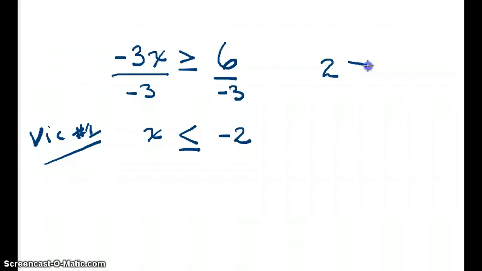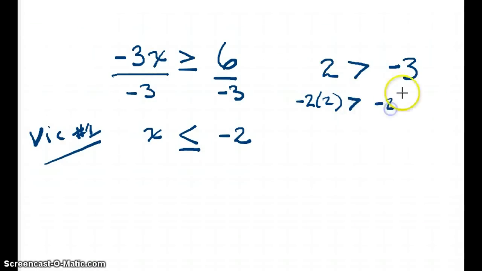2, I think you'd all agree, is greater than negative 3. Okay? I'd rather have $2 than $3. If I multiply this number by, let's say, negative 2, what I do on one side, I do on the other. So that should be perfectly legal.